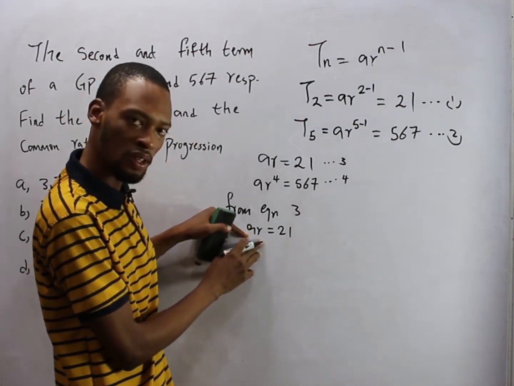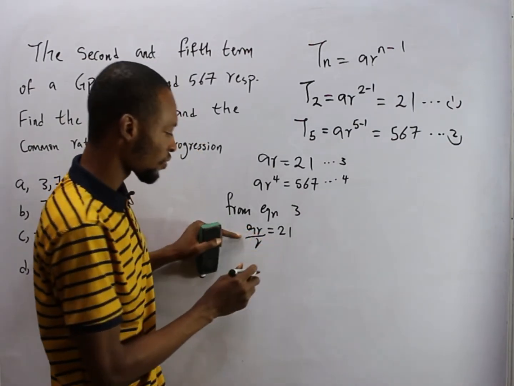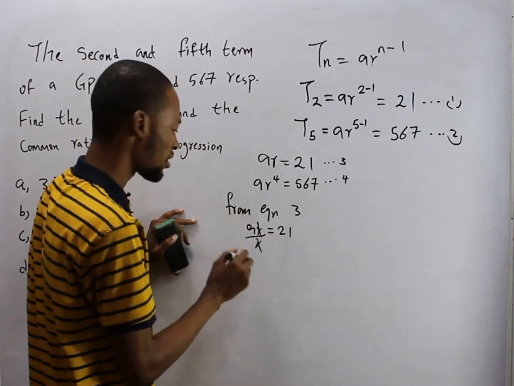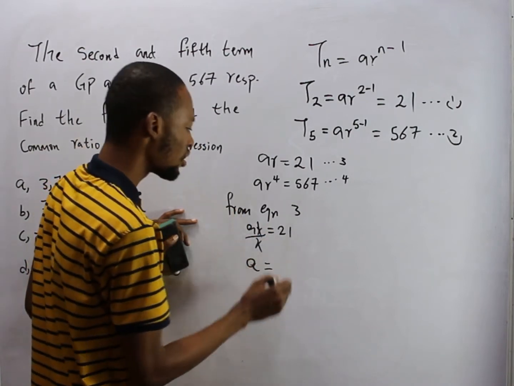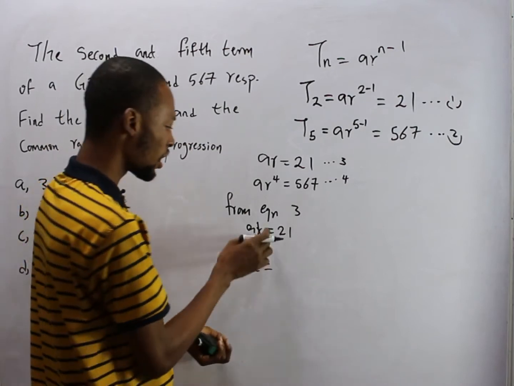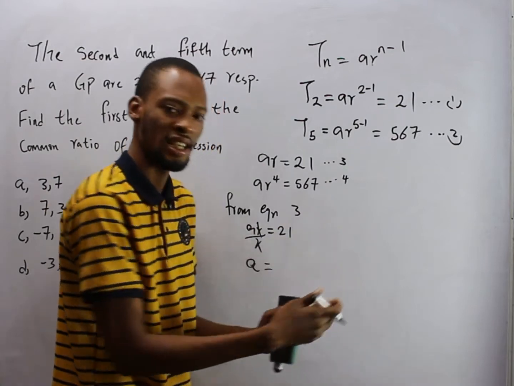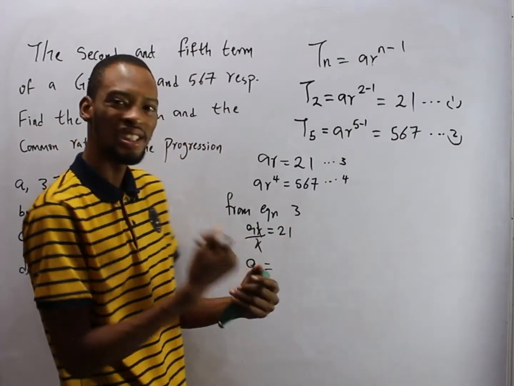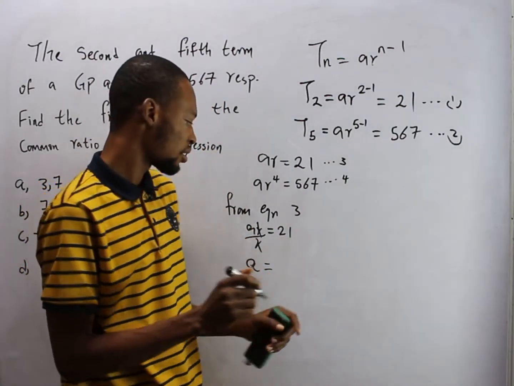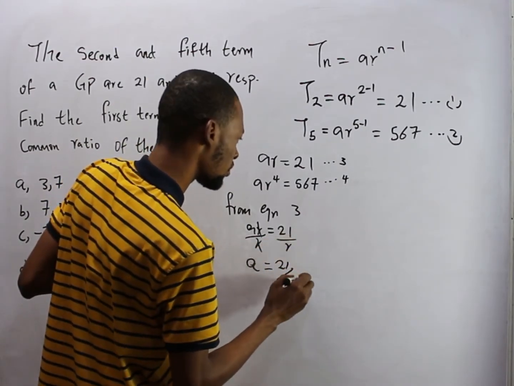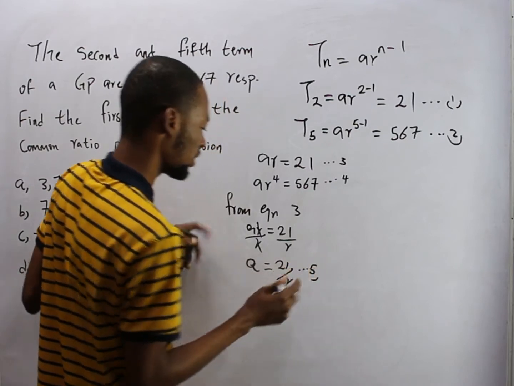Once we divide here by r, r divided by r is equal to 1. It cancels out, so we are left with a that we need. But in mathematics, so long as you have this equality sign, anything that happens to this side must happen to the other side. This is to make sure that the equation is balanced. So we also divide here by r. So a is equal to 21 over r. You can call this equation 5.